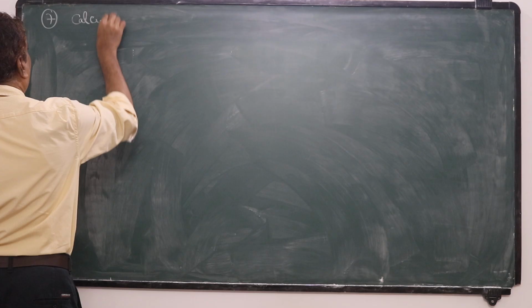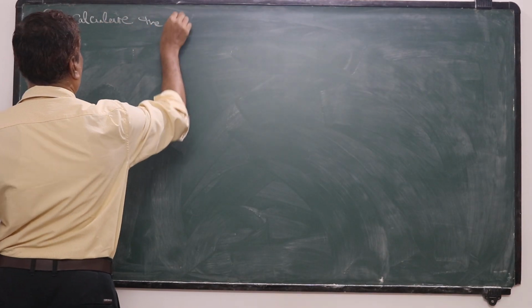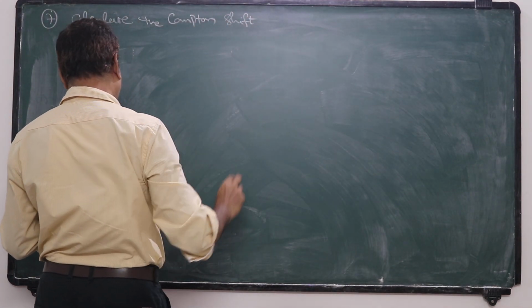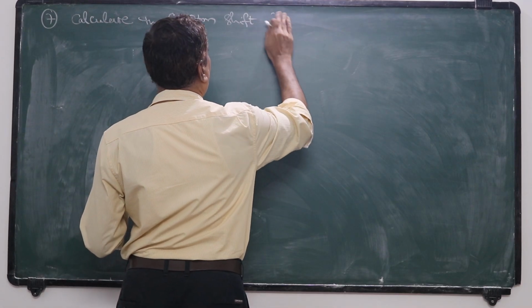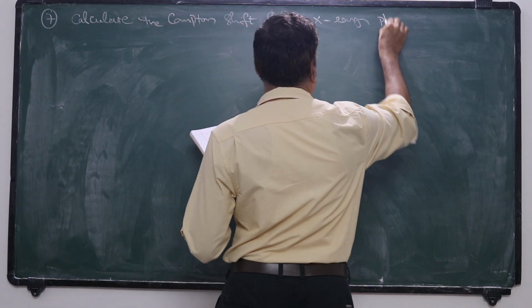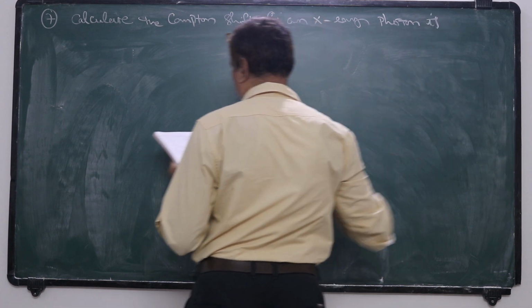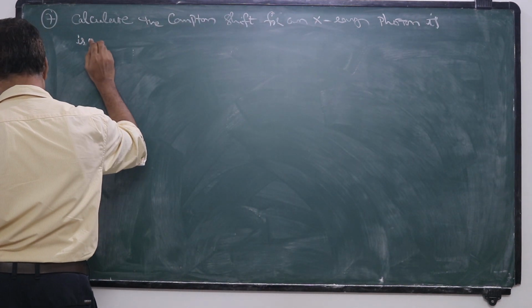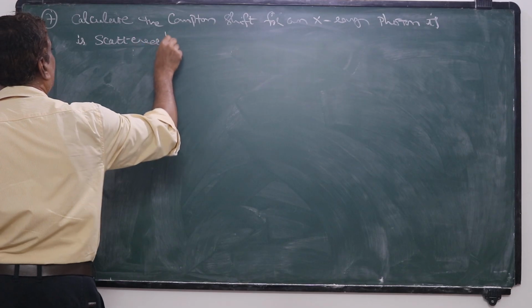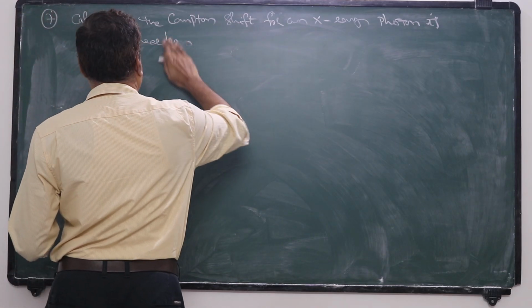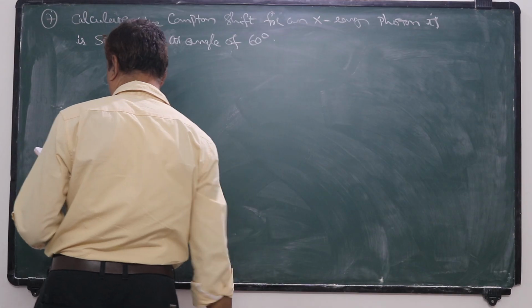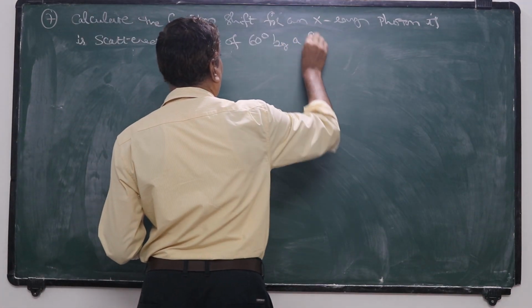Calculate the Compton shift for an X-ray photon if it is scattered at an angle of 60 degree by a free electron.